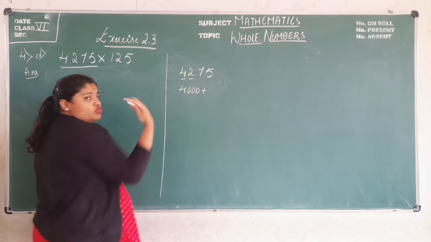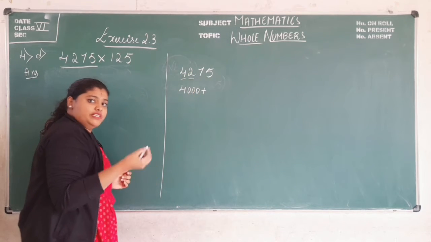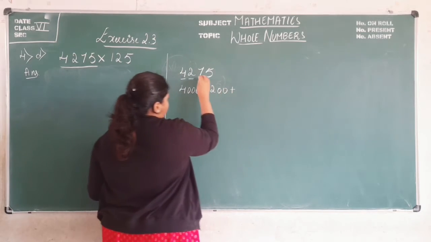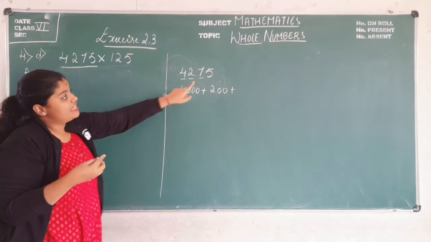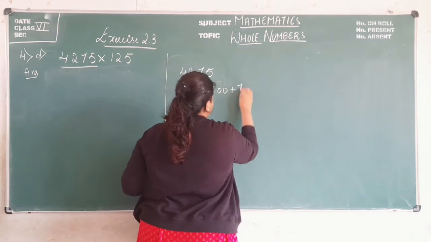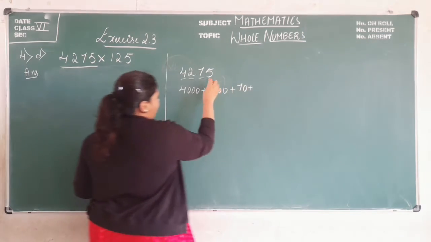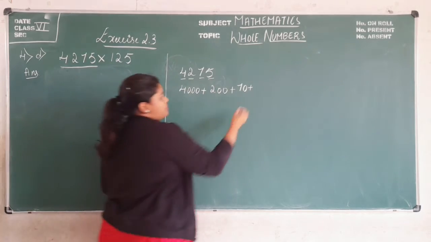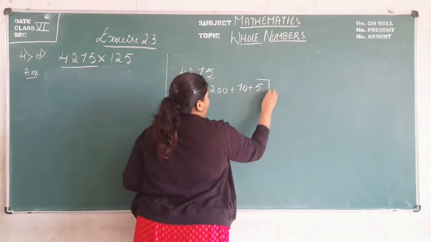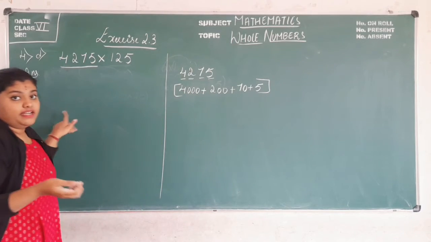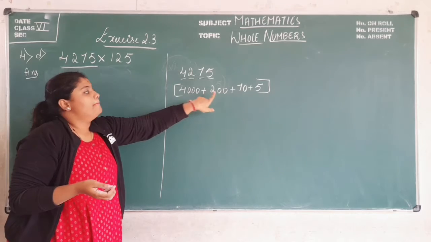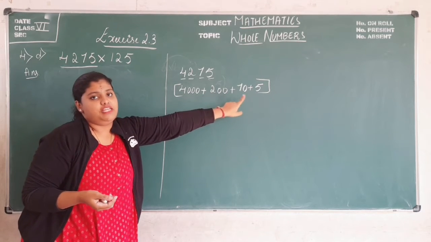Here we have 2, in hundreds place, so the value of 2 is 200 plus. We have 7 in tens place, so the value of 7 is 70 plus. In the ones place we have 5. So I have expanded 4,275 as 4,000 plus 200 plus 70 plus 5.